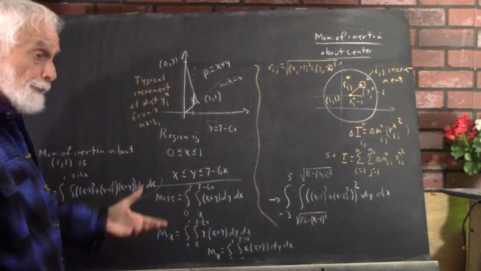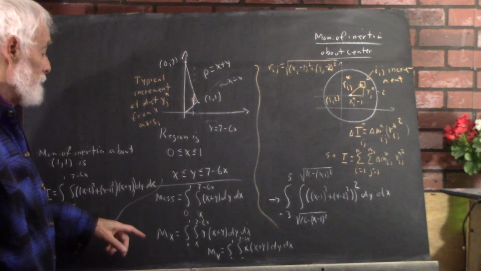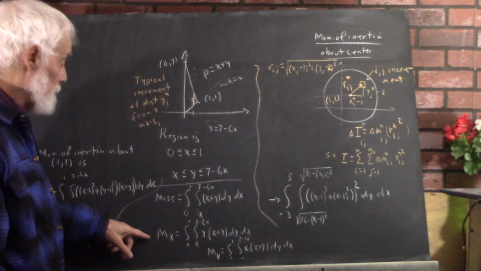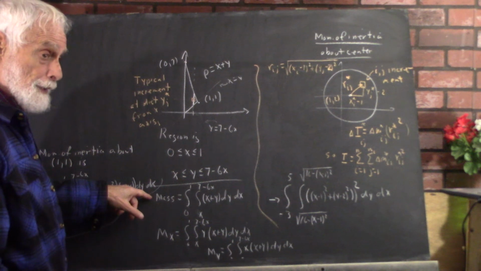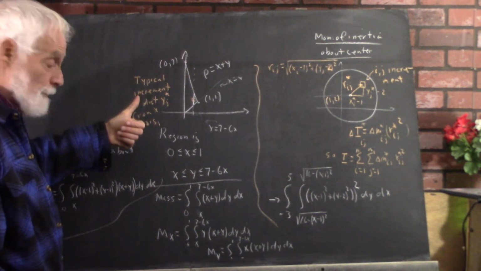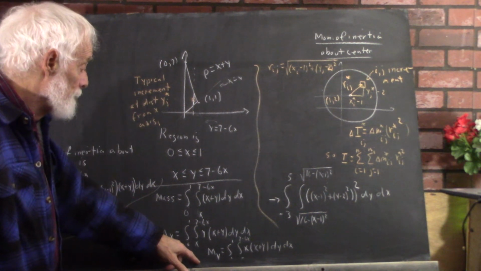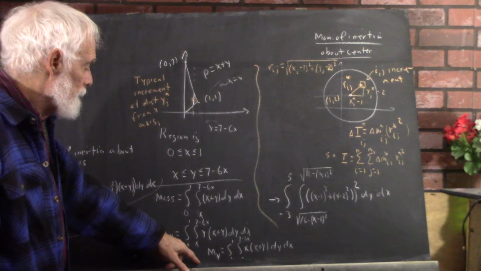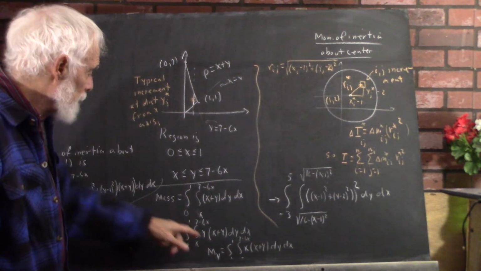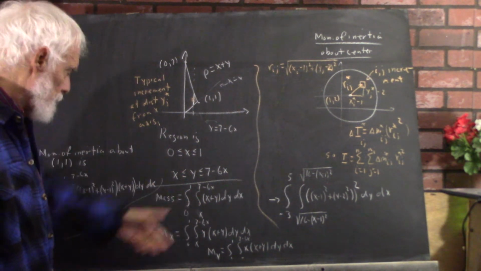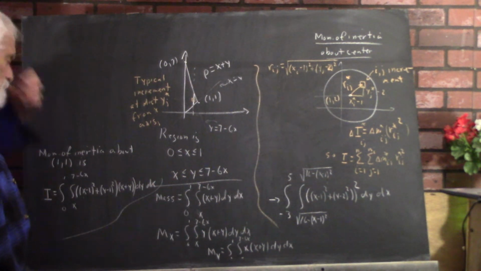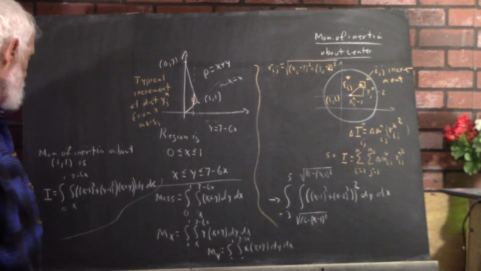Now if we want the center of mass, we divide the x moment, the moment about the x-axis, by the mass to get the y-coordinate, and divide the y moment, the moment about the y-axis, by the mass to get the x-coordinate for the center of mass. So we're going to use these in the prescribed manner. That's not too difficult to understand.